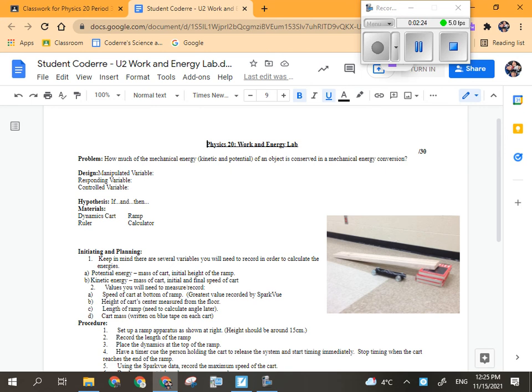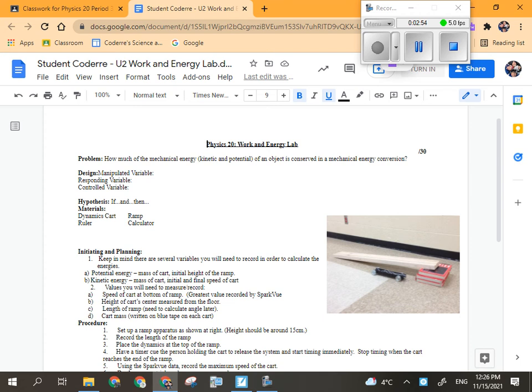When we're looking at this, the whole lab doesn't happen unless we put the cart where? Right. If we don't put it at the top of the ramp, there's nothing to start this lab. Since we're comparing the gravitational potential energy of the cart at the top to the kinetic energy at the bottom, we're looking at our two important variables there.